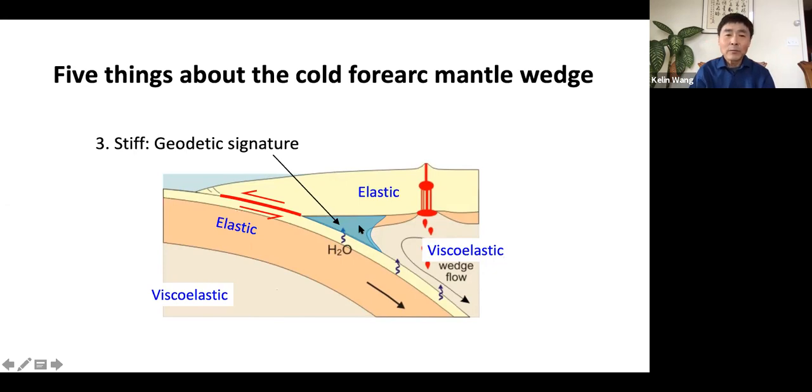The Forearc Mantle Wedge, for the time scale of earthquake cycles, like a few hundred years, 1,000 years, is considered to be elastic. Therefore, we use an elastic cold nose to represent this behavior. Now, let's look at the two-dimensional model of subduction earthquake post-seismic deformation, including this elastic cold nose here.